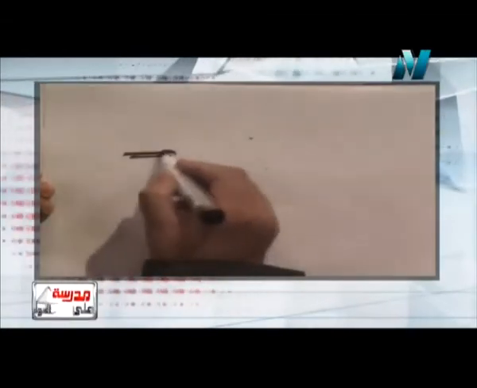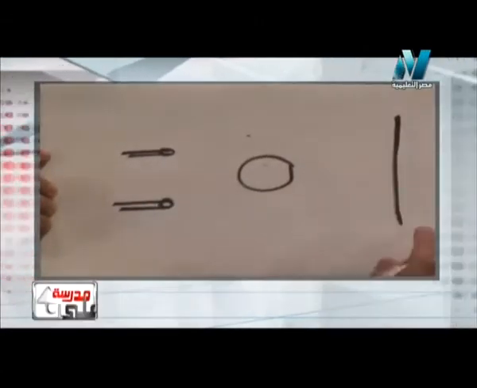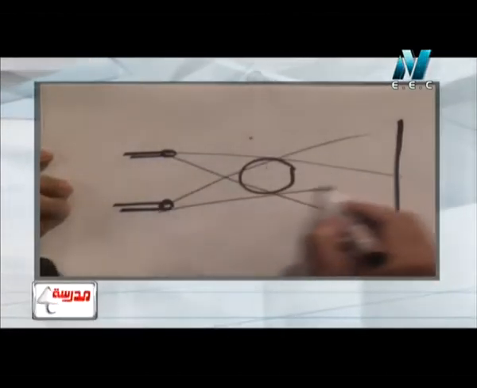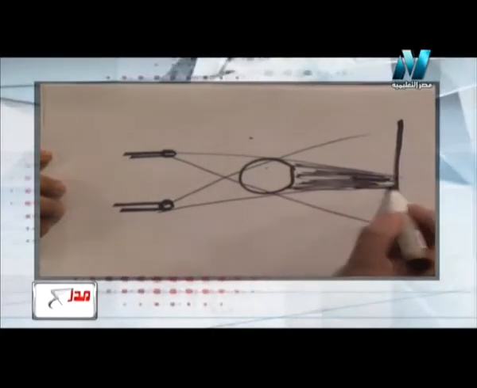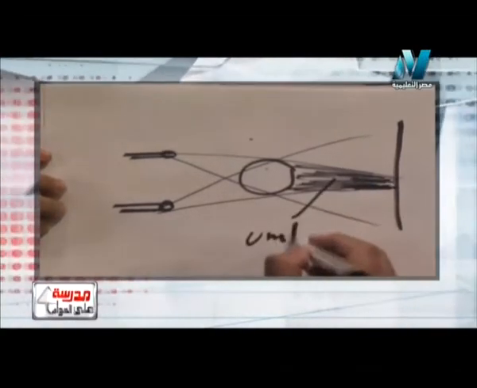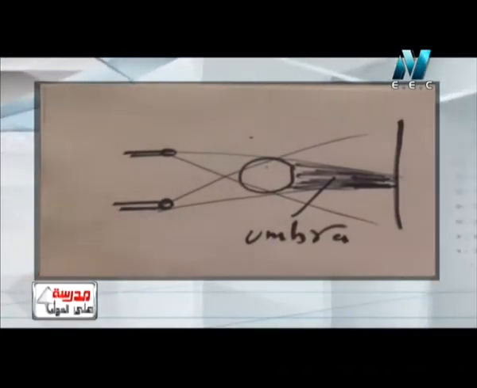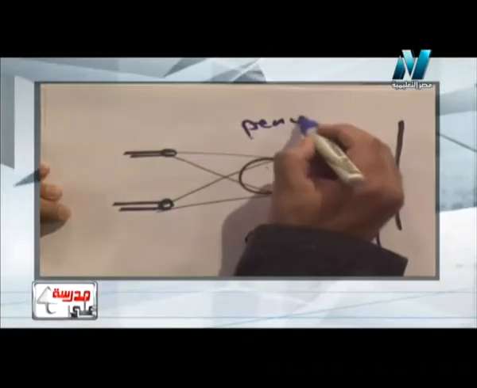I will have a very dark area which is called umbra in the middle. And another two areas في منطقتين تانيين هما اللي على الأطراف هنسميهم penumbra.